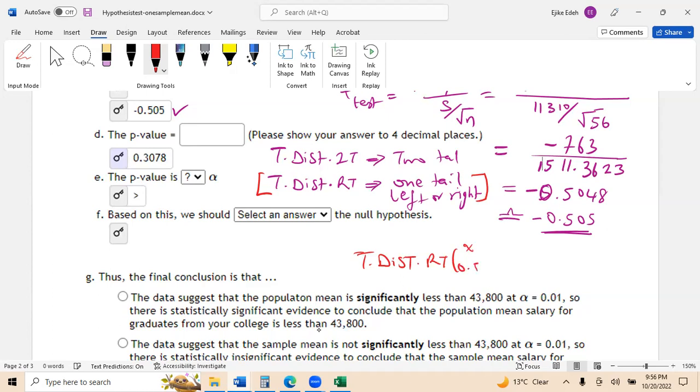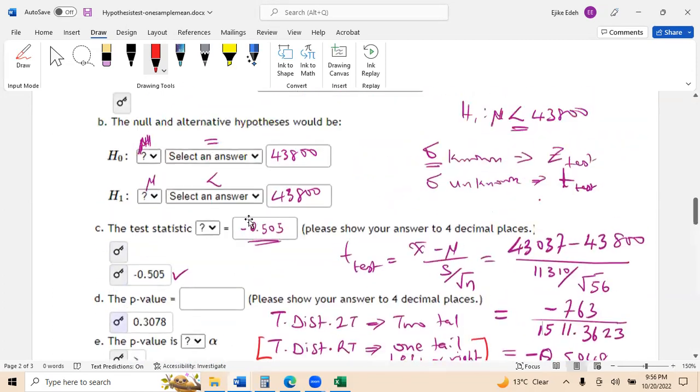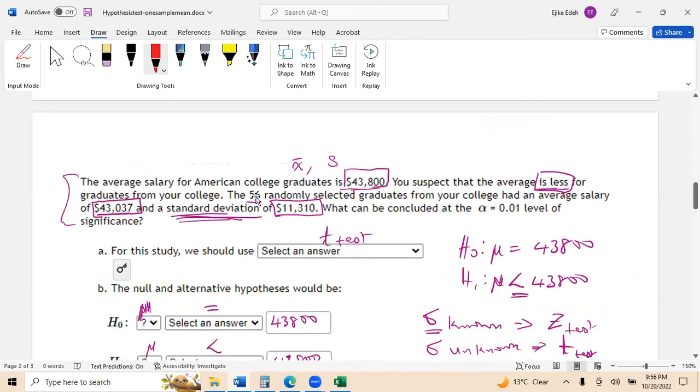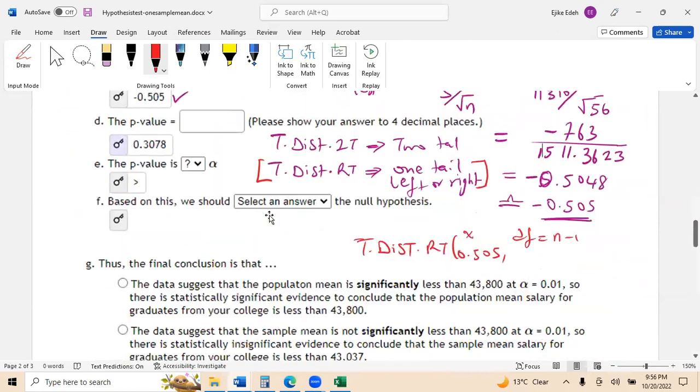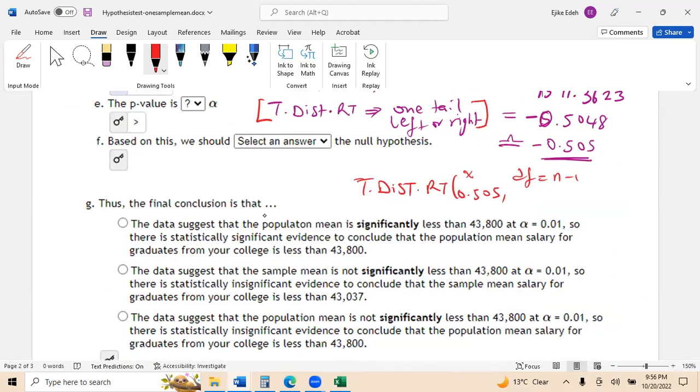So you should have 0.505, the positive version there. And then you have your degrees of freedom. Again, remember degrees of freedom is n minus 1. And in this question, we have 56 students, so this will be 56 minus 1, which is 55, right? That's how we got those values.